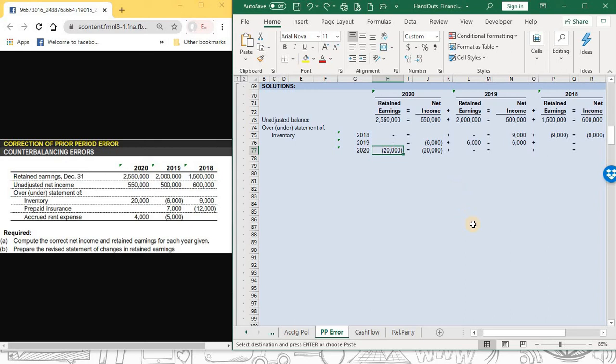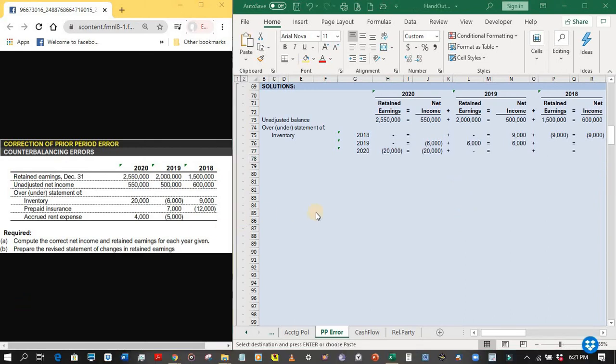Now we are done with the errors related to inventory. Then now let us proceed to prepaid insurance. So prepaid insurance is an asset account. And since this is an asset account, asset has a direct relationship with net income.